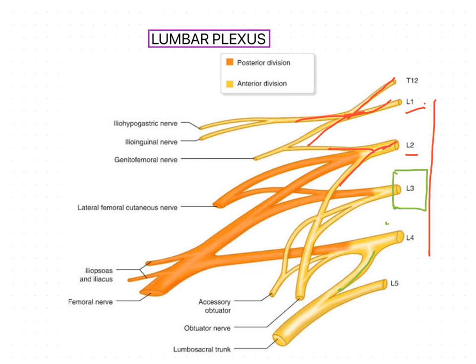If you see this, the major portion of the L4 is also divided into upper and lower divisions. So out of the four, L1, L2 and L4 are going to divide into upper and lower divisions.